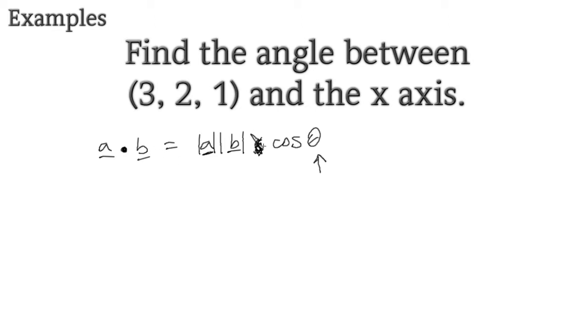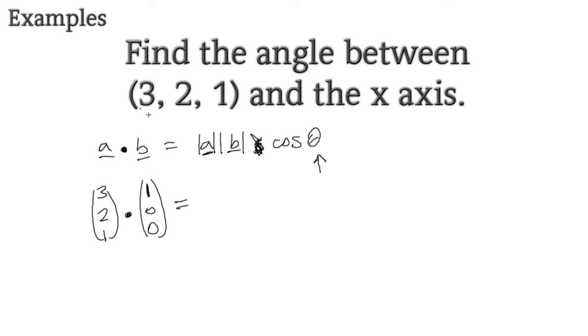The dot product is not strictly algebraic, so we can do it in vector form. So if we write both vectors in column form, 3, 2, and 1, dot the x-axis, which has the unit vector 1, 0, and 0, you will use the unit vector of x, because this implies that mod b is just 1, so that simplifies the procedure.